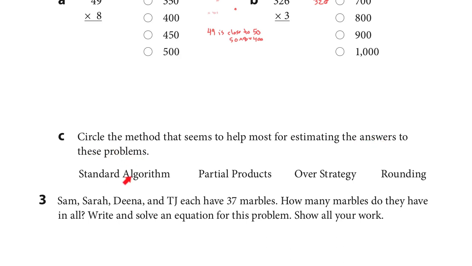I mean, standard algorithm, is that how you would estimate? Partial products, is that how you would estimate? Breaking that into 40 and 8 and 9 and 8. The over strategy, pretending it's 50. Rounding, maybe you rounded that down to 300. I mean, that could be an option, okay? But you get to choose that, okay?